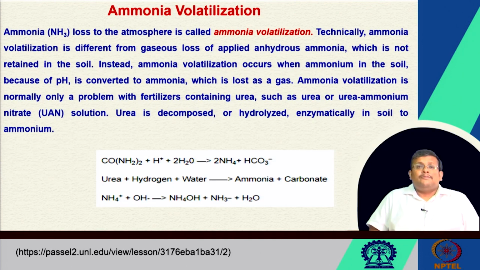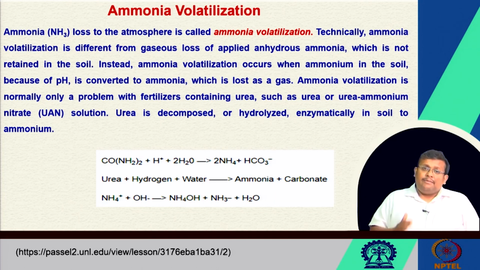Now, what is ammonia volatilization? When there is a loss of ammonia into the atmosphere, that is called ammonia volatilization. Technically, this is different from gaseous loss of applied anhydrous ammonia, which is not retained in the soil.